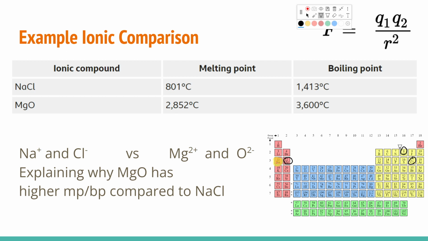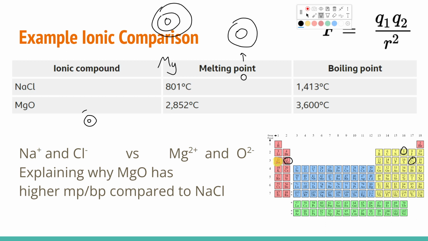Versus oxygen, oxygen is in the second energy level. So if I think about oxygen here, so this is going to be oxygen, and then I think about magnesium, so magnesium is going to be 1, 2, 3. I'm not drawing the electrons because I'm lazy. Cool. And then versus sodium, so 1, 2, 3, and then chlorine, 1, 2, 3.